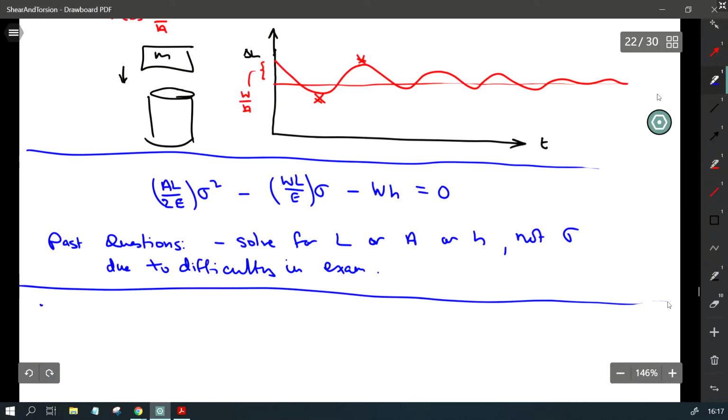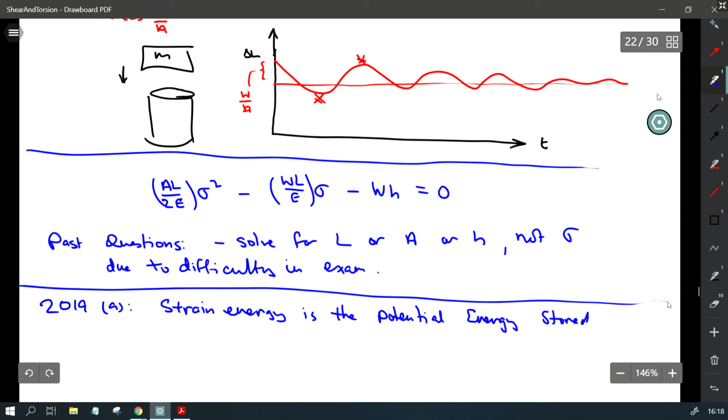So, 2019, strain energy is the potential energy stored in an elastic body due to elastic deformation, and you could give a numerical definition there.